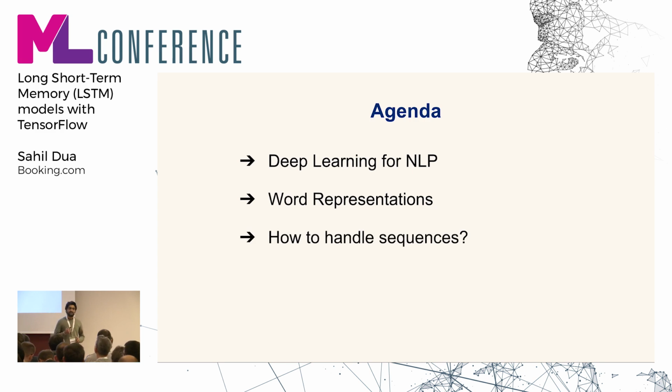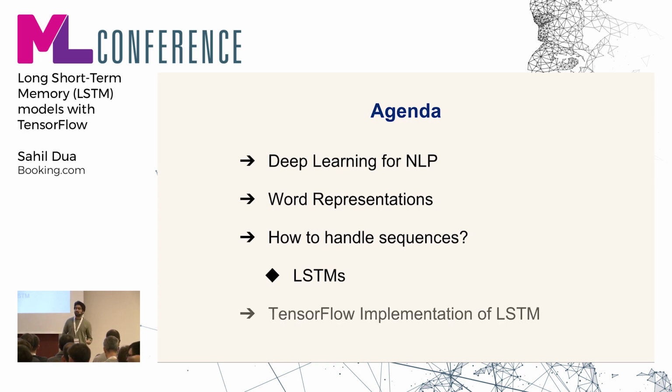After that, we'll see, once we have the representations, how do we handle the sequences of words that we have? And that's when the LSTMs will come into picture, and we will see what are the other alternatives we have and why LSTMs are important, what problem they solve. And after that, it's a practical part where we'll be implementing LSTM using TensorFlow.